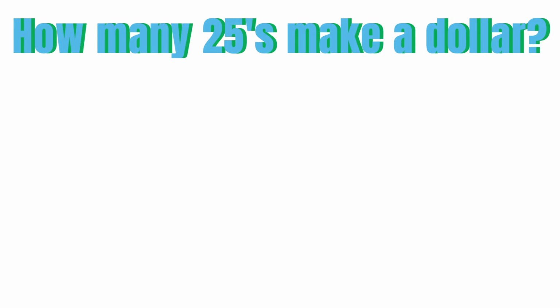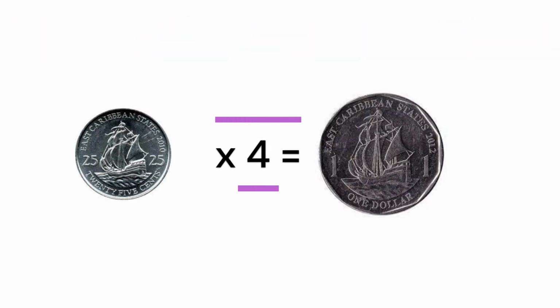We can have 4 quarters. 4 quarters are equal to exactly 1. So there are 4 25 pieces in $1. Can I hear you say that, girls and boys? Very well. There are 4 25 cents in $1.